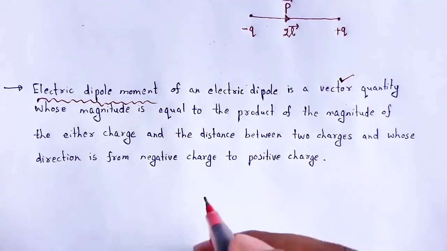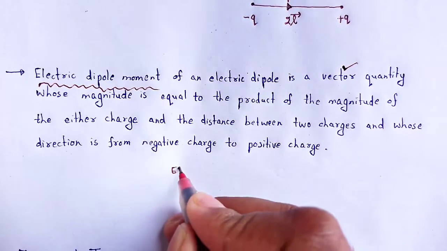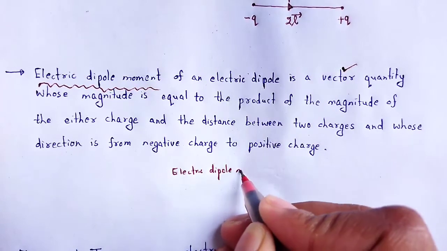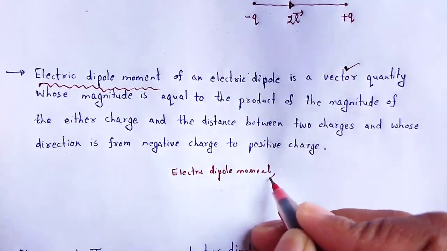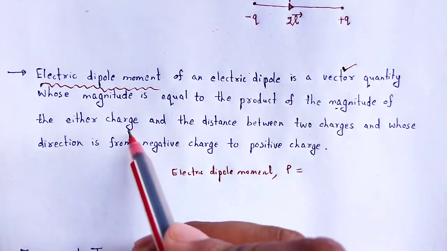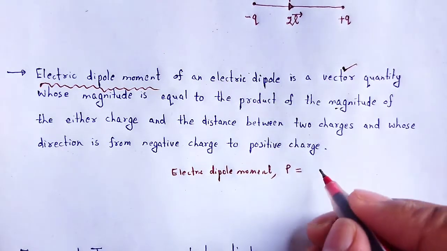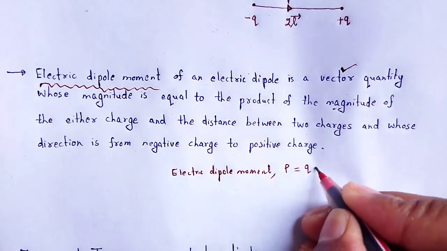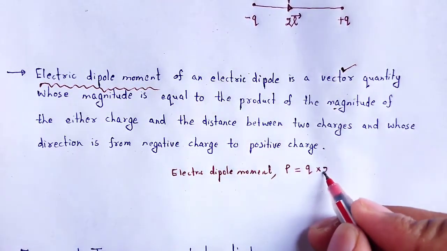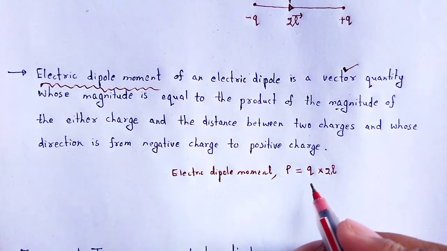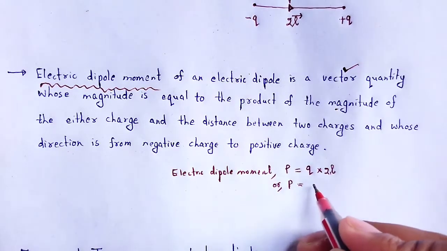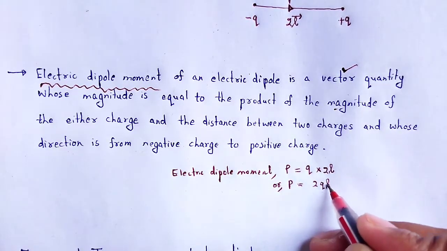Electric dipole moment P is the product of the magnitude of either charge, that is q, and the distance between the two charges, that is 2L. This is the electric dipole moment magnitude, P equals 2qL.